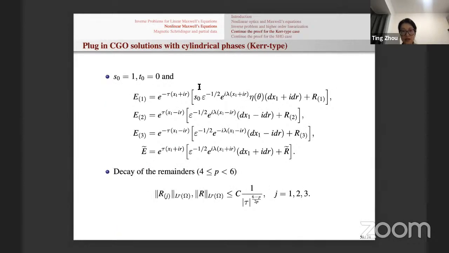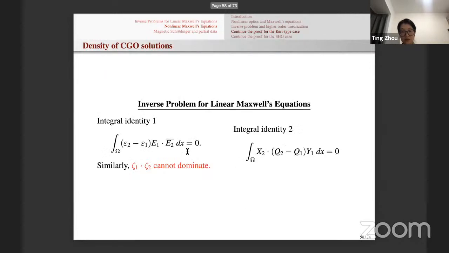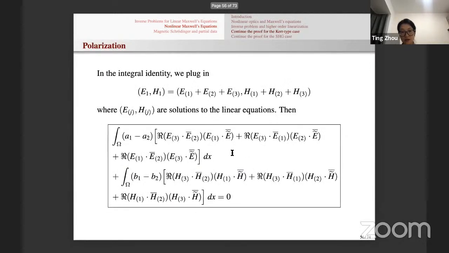What we did here is use the CGO solutions with cylindrical phases. This is the only case where you were able to use the Carleman estimate to prove the uniqueness and to show that you can construct the CGO solutions for Maxwell's equations. And these are the CGO solutions we chose to plug into this integral identity here.